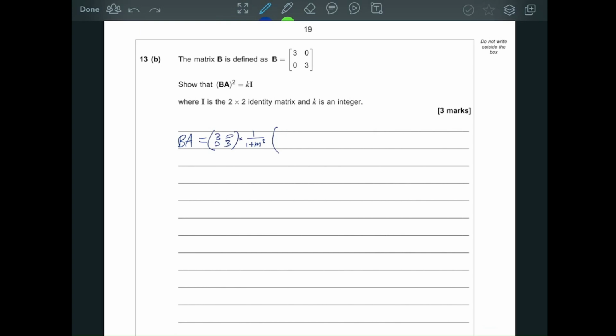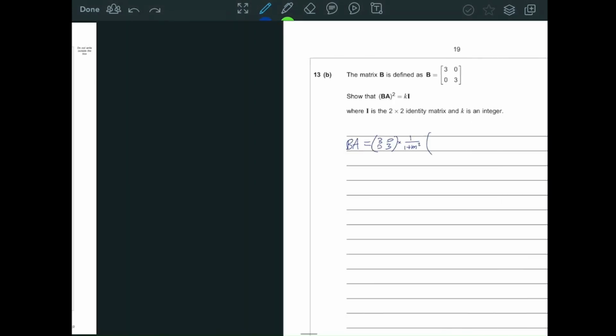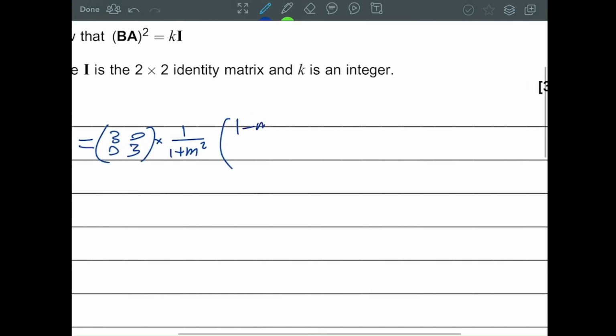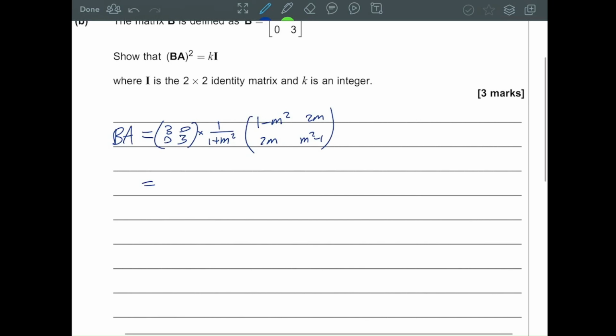I put that in the wrong spot. So what was it? 1 minus m squared, 2m, m squared minus 1, which is going to be, I'm going to keep that factor out in front. 3 zeros, so that's going to be 3 minus 3m squared plus 6m, or just 6m, and 3m squared minus 3.